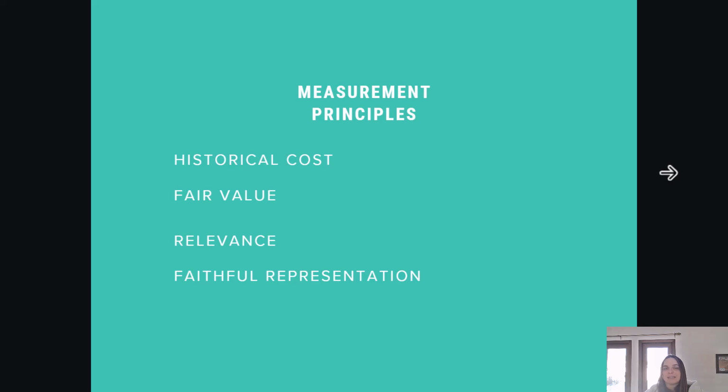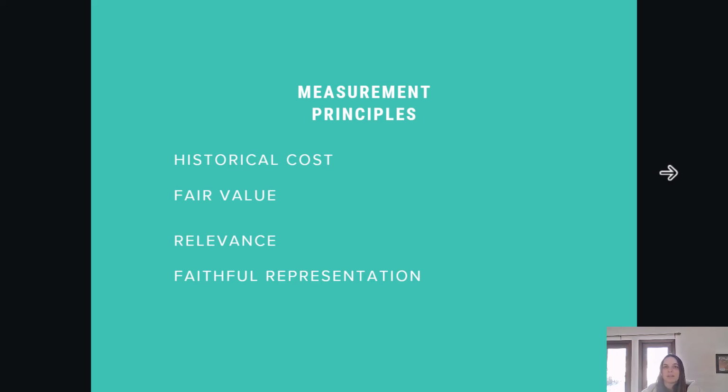In GAAP accounting, GAAP stands for Generally Accepted Accounting Principles. GAAP is our standard in the US. So in GAAP accounting, we look at two different concepts: relevance and faithful representation.